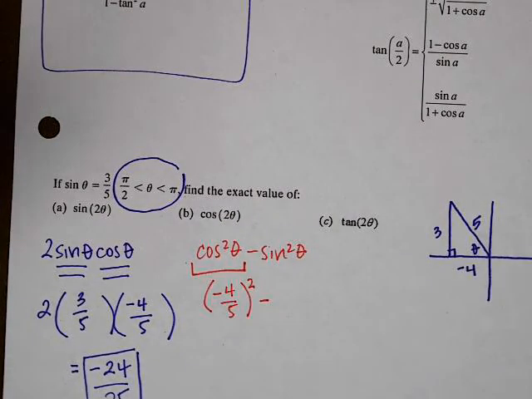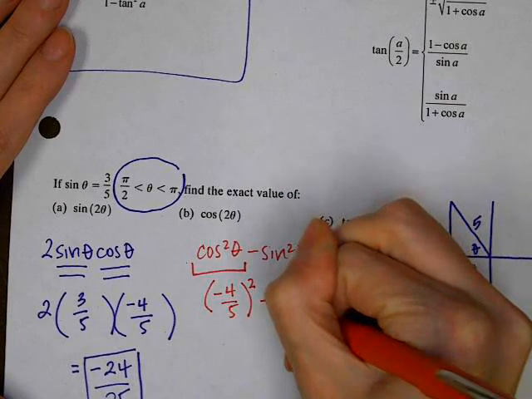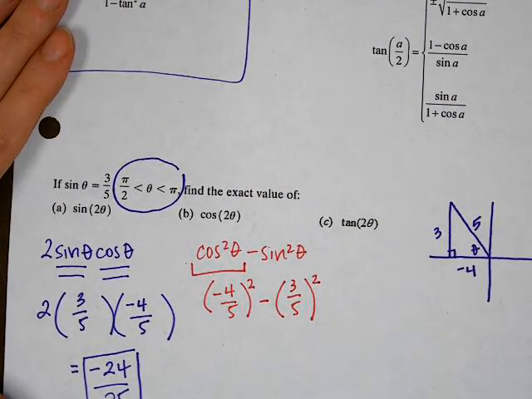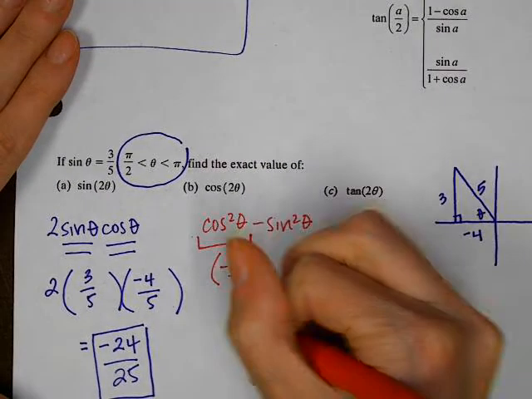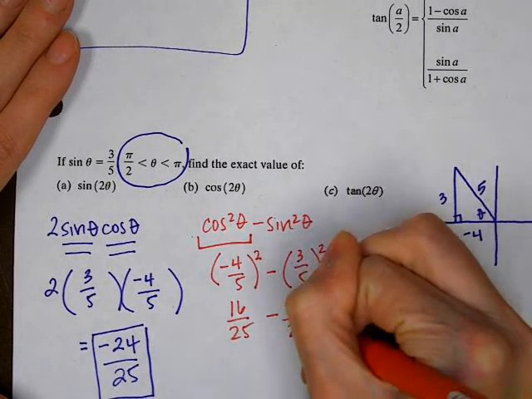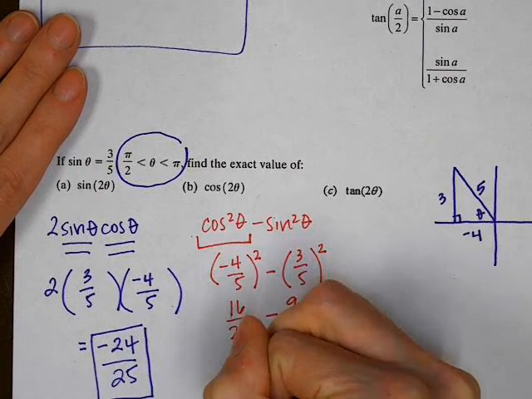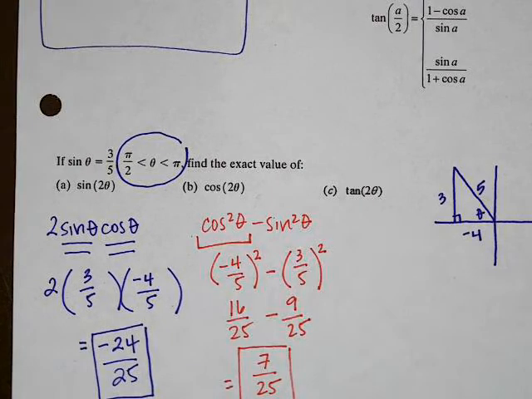And then sine theta is 3/5, and we want to square that. Okay, so if you square those, it's 16/25 minus 9/25, which we end up with 7/25. So again, pretty easy.